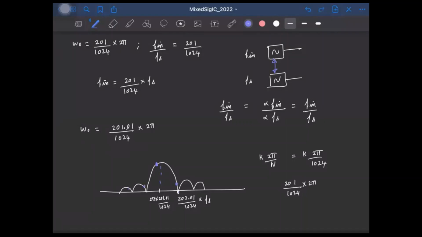Similarly, I will take these samples. So instead of sampling all these null values, which is what was happening in the earlier case when we chose the input frequency to be 201 by 1024, in this case we are sampling slightly away from these frequency nulls. And you will get some kind of a spectrum like this, right? And this phenomenon is often referred to as FFT leakage.